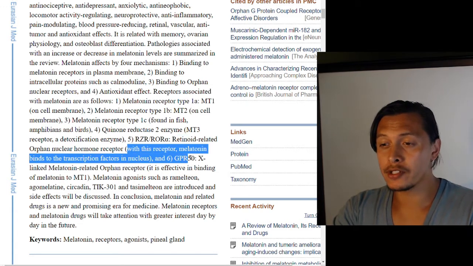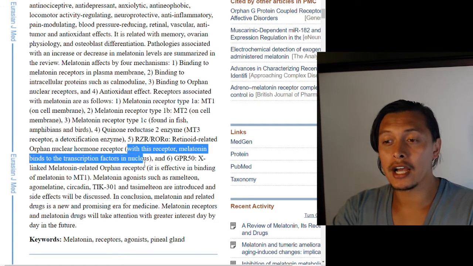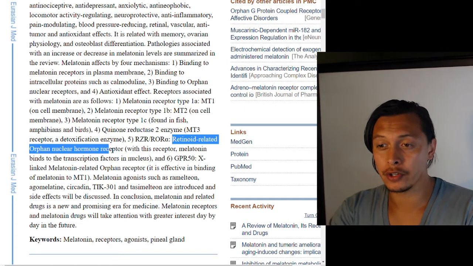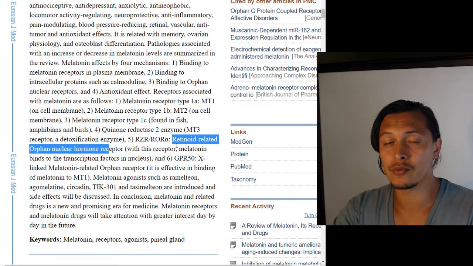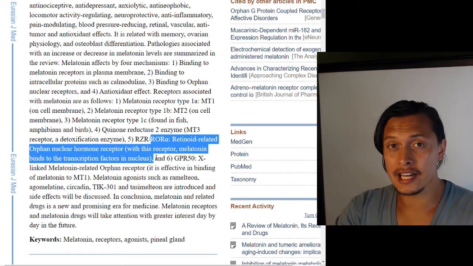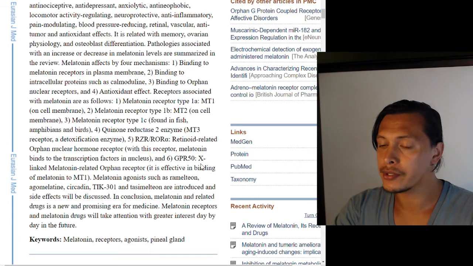So with this receptor, melatonin binds to the transcription factors in the nucleus. So just know that this retinoid-related orphan nuclear hormone receptor is just one of the nuclear transcription factors, which means that they can bind to the DNA somehow and influence the activation or deactivation of genes.